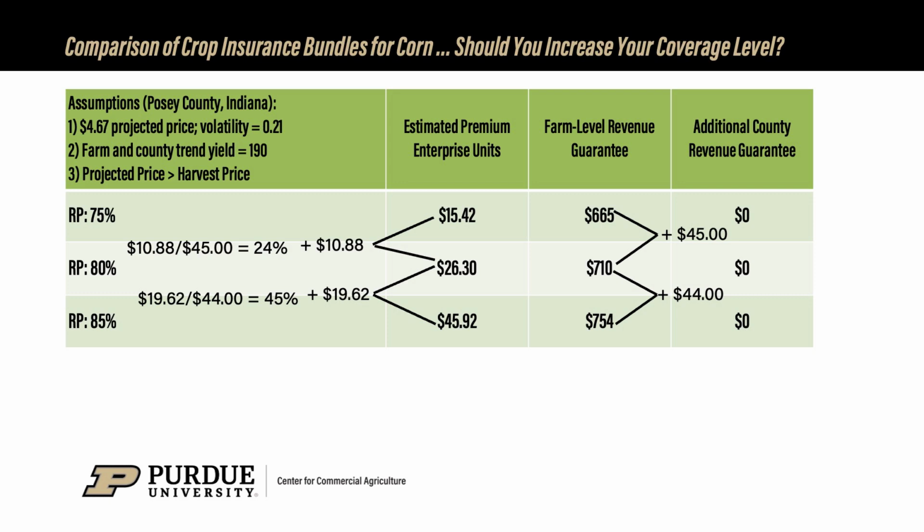To me, that's a pretty good buy, Jim. That essentially means you have to have a loss more than 1 out of 4 years in order to make that pay. I don't think that's that big a premium jump for the extra revenue guarantee you get. That explains why a lot of producers in southern Indiana go with the 80% product rather than the 75% product.